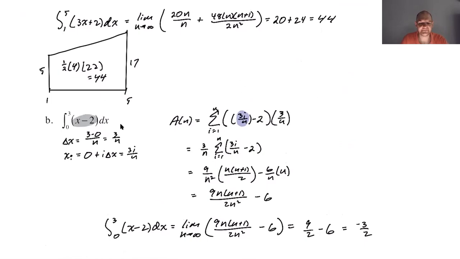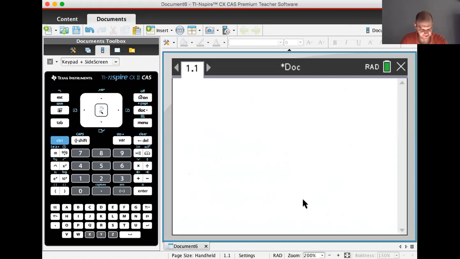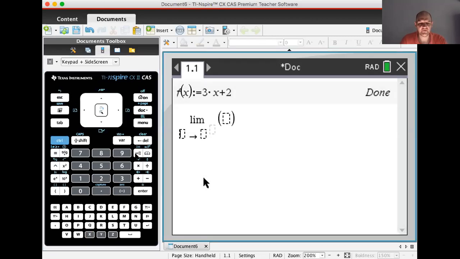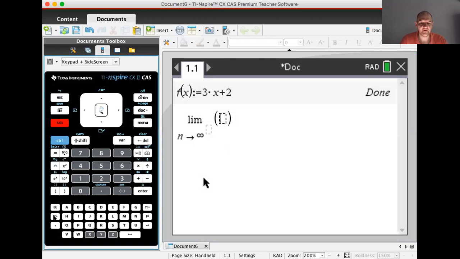So calculator. I was going to say that last one is a trapezoid, one of the weird trapezoids that has a positive and a negative base. For whatever reason that works, hopefully you work that out for yourself at some point. So let's see, f of x is 3x plus 2. I'm going back to A. I wanted to do the limit as n goes to infinity of the sum.